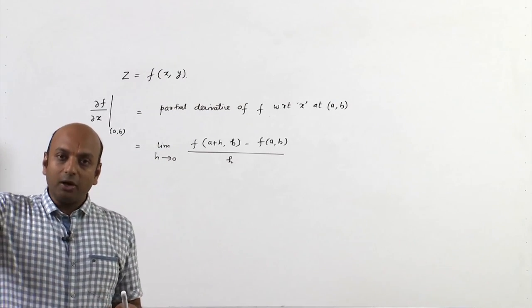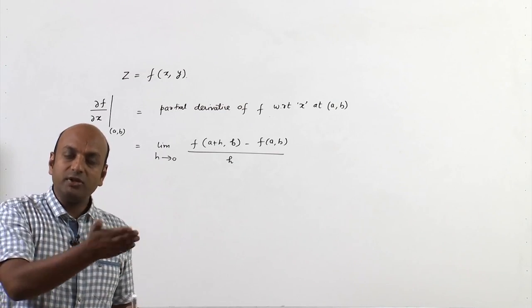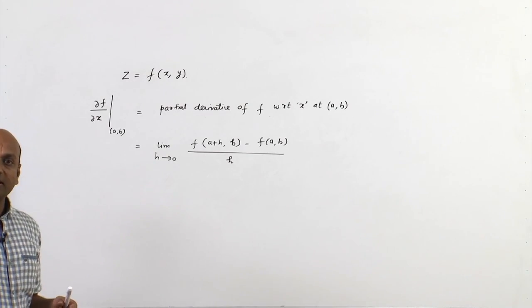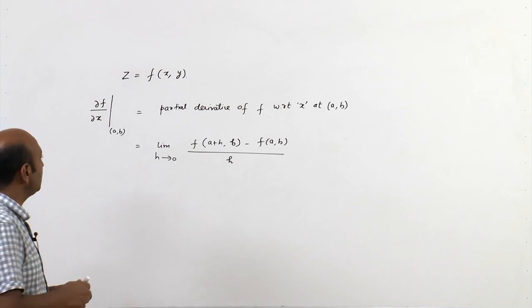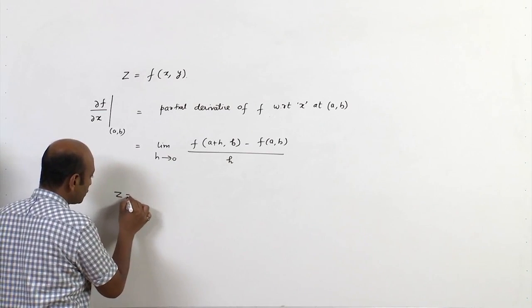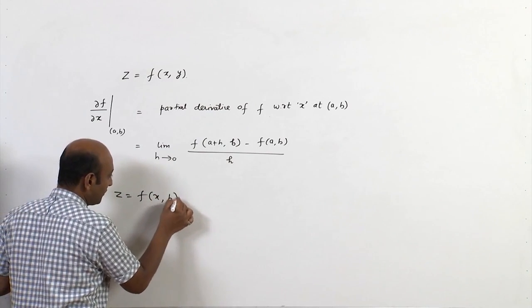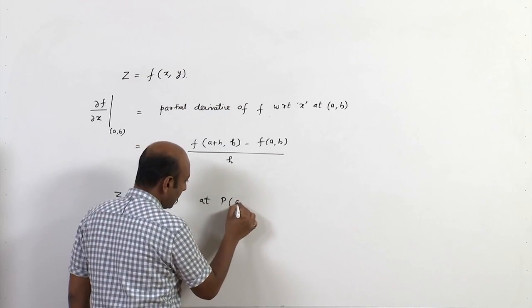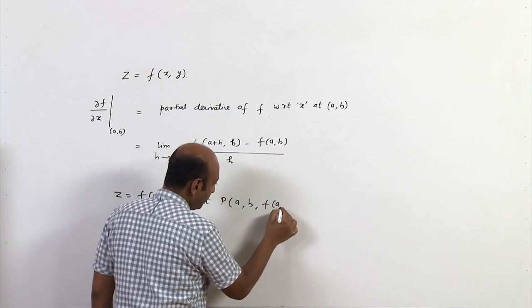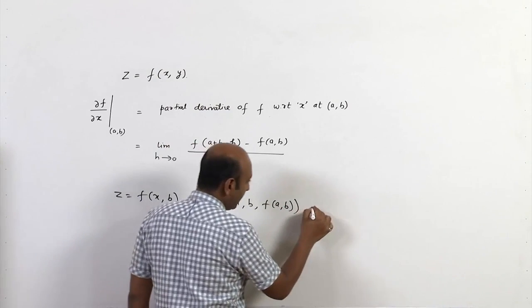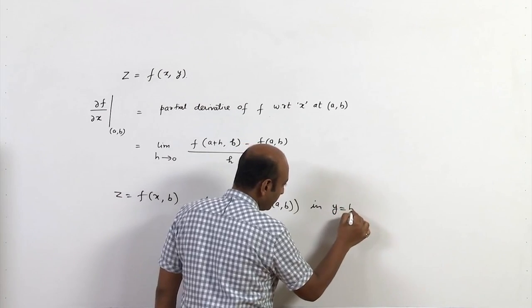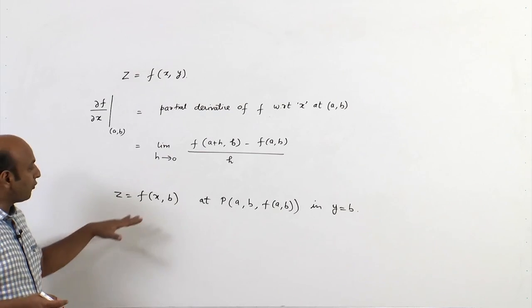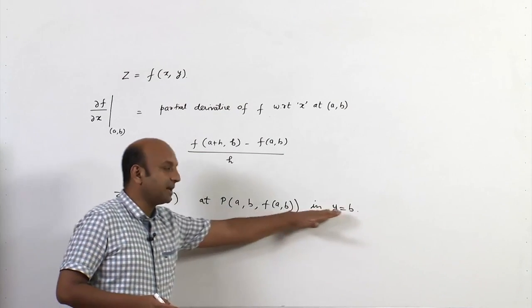Now, y equal to b is a plane which cuts the surface into a curve. Now, the slope of the tangent for this curve z equals f(x, b), because y is equal to b, at the point (a, b, f(a, b)) in the plane y equals b.